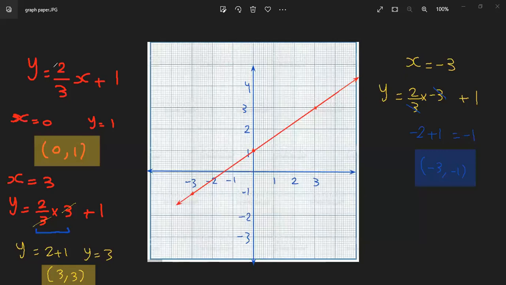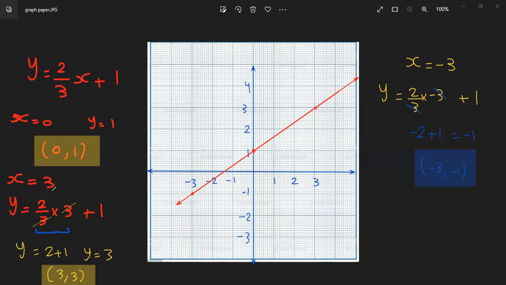Once again, if I have an equation like y equals 2 over 3 x plus 1, and I want to graph this relation, take easy values for x and check the values of y. If x is 0, you will end up with y equals 1, so the ordered pair is 0 and 1.